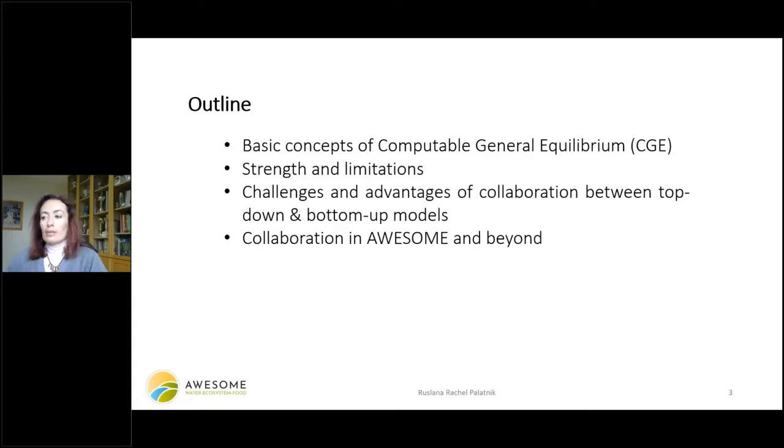I will start with the basic concept of the computable general equilibrium, and then I will discuss a bit of strengths and the limitations of the model and the challenges and also advantages of collaboration between this top-down model with the bottom-up models that you guys employ. And I hope that we will have some time to discuss the potential collaboration.